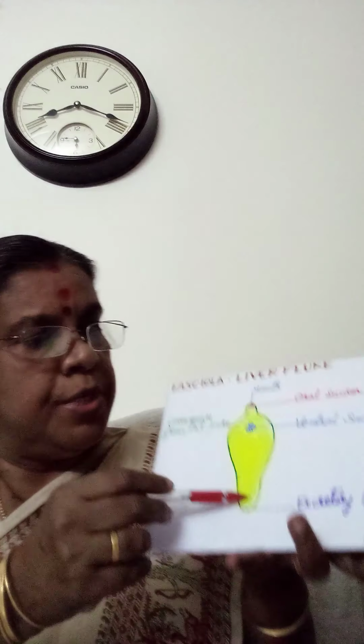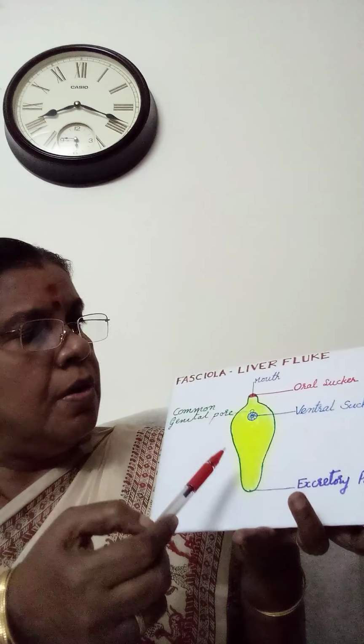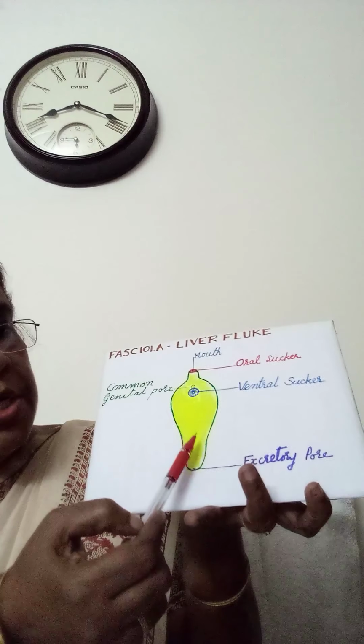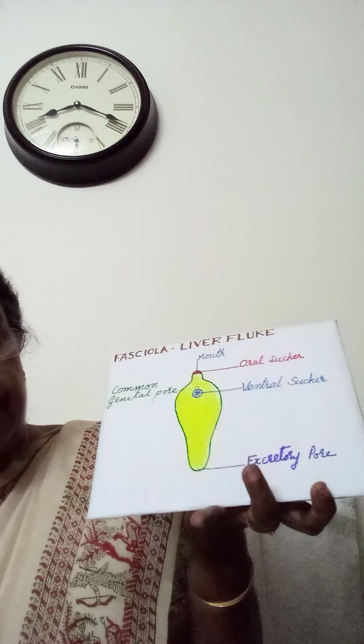Then Planorbis, that is also snail. Primary host is sheep and goat. That is liver fluke, isn't it? So, liver fluke, this one. They are found in the liver or bile duct of vertebrates like dog, sheep, man, etc.